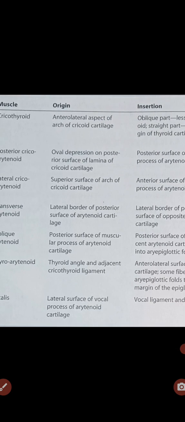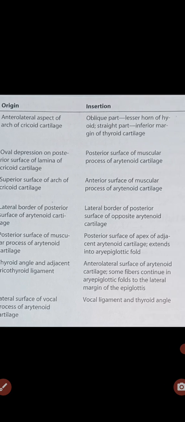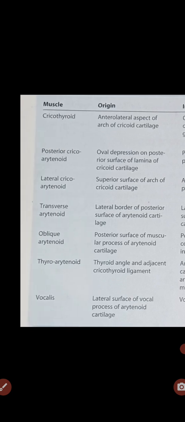For the cricothyroid muscle, the origin is from the anterolateral aspect of the arch of the cricoid cartilage. For the insertion, the oblique part is on the lesser horn of the hyoid bone. The hyoid bone has the body, the greater horn and the lesser horn. The oblique part is inserted on the lesser horn, and the straight part on the inferior margin of the thyroid cartilage.